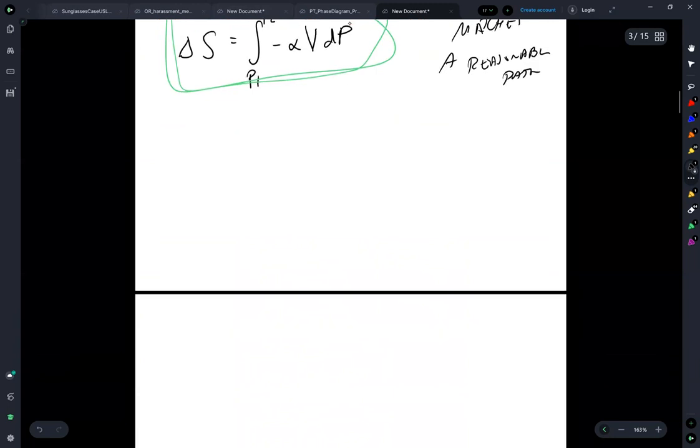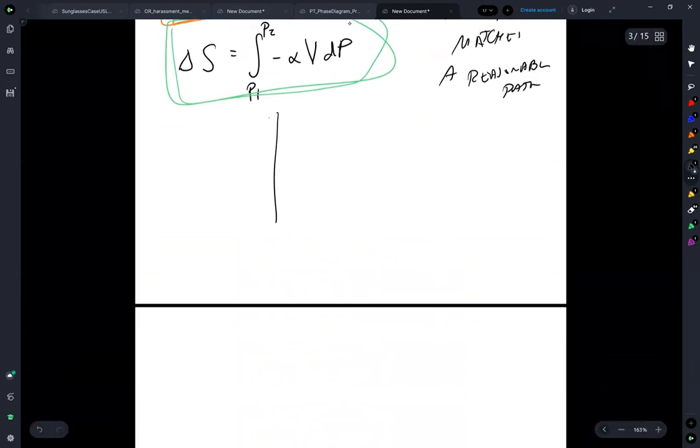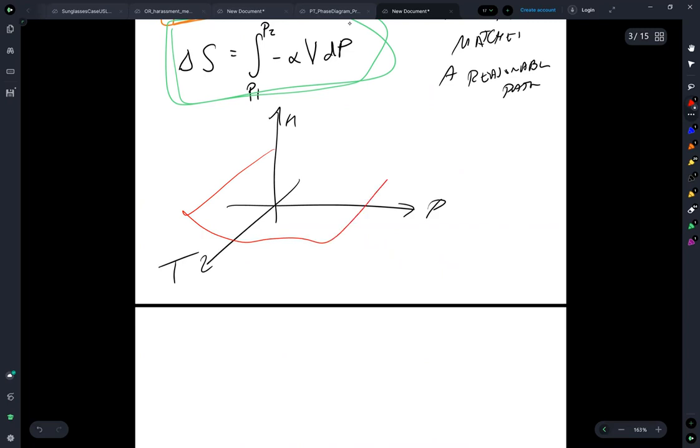What I mean by that is we know that enthalpy is a function of temperature and pressure. So if I have some curve, it's now a surface, and I'm at some temperature and pressure, T1, P1, and I transition to T2, P2.